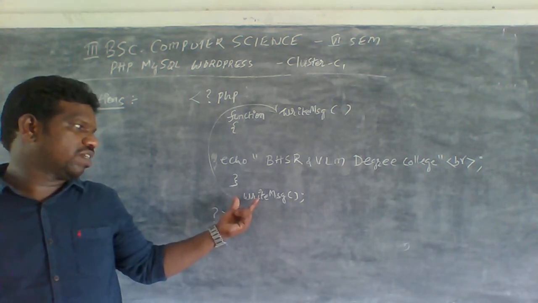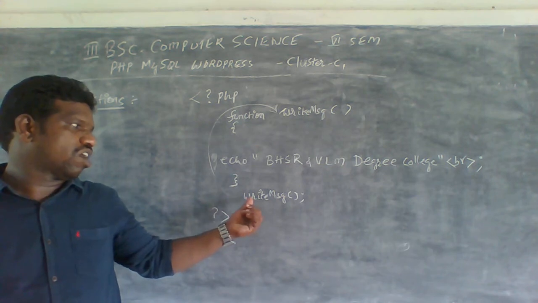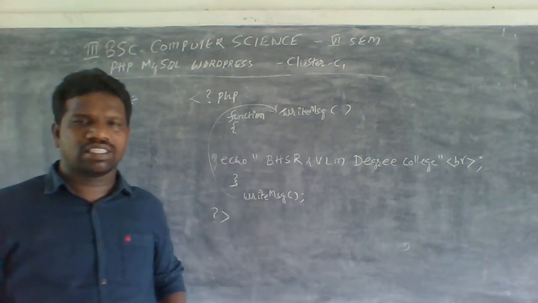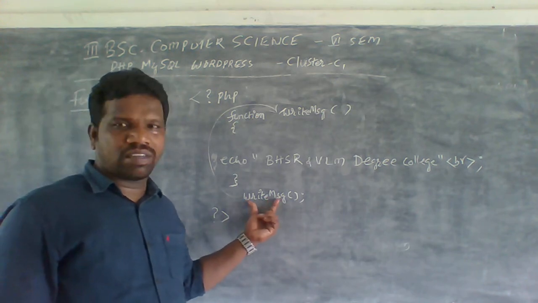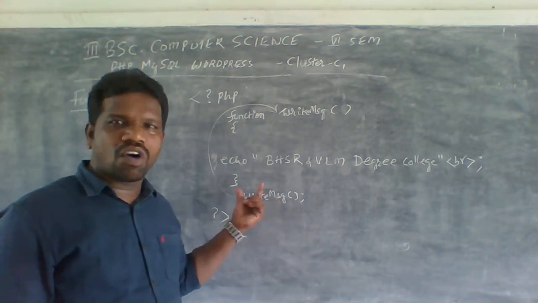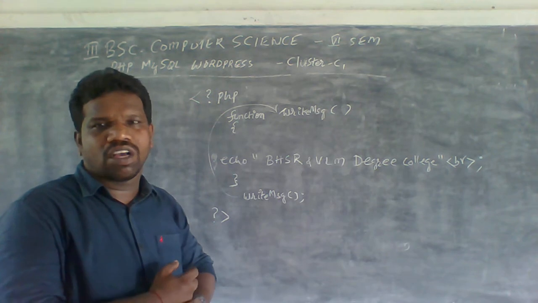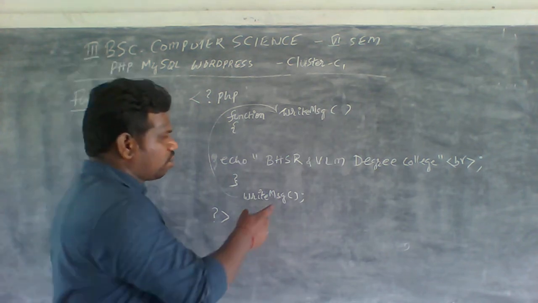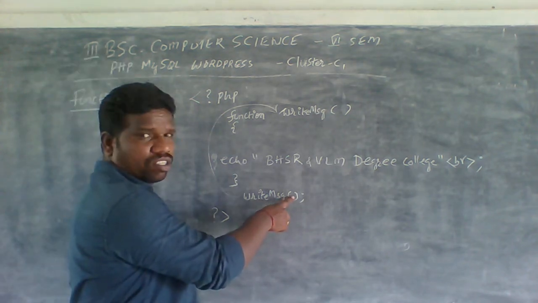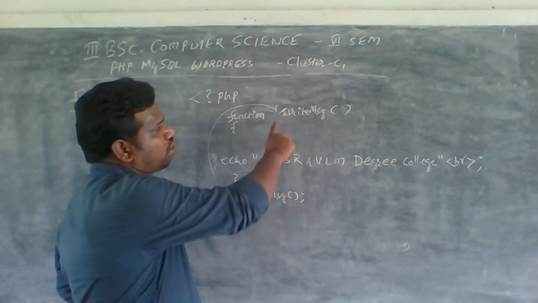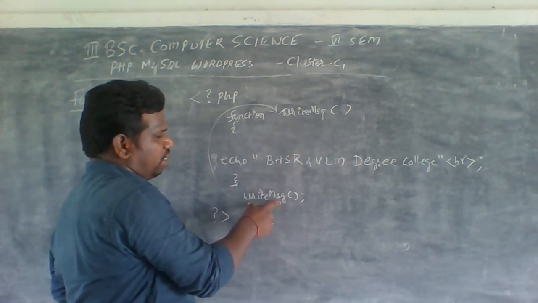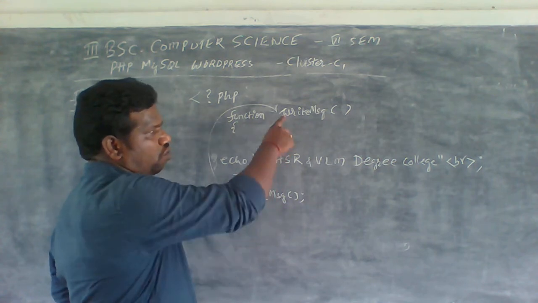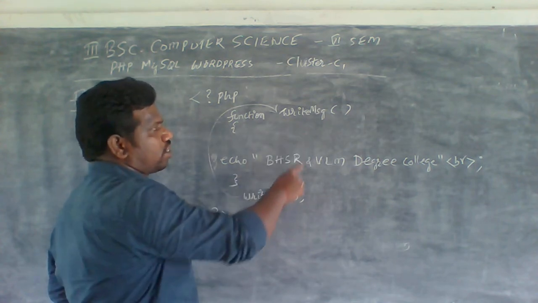Hence we write the function. The function name should be writeMessage. This function is going to call the same function. There are no parameters here, so we check the same function name, writeMessage, with no parameters.